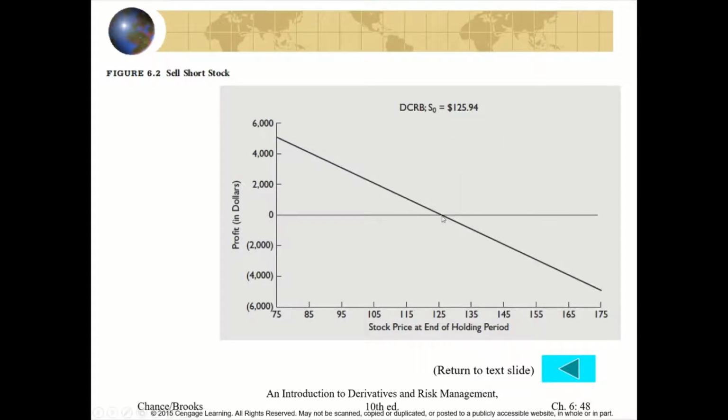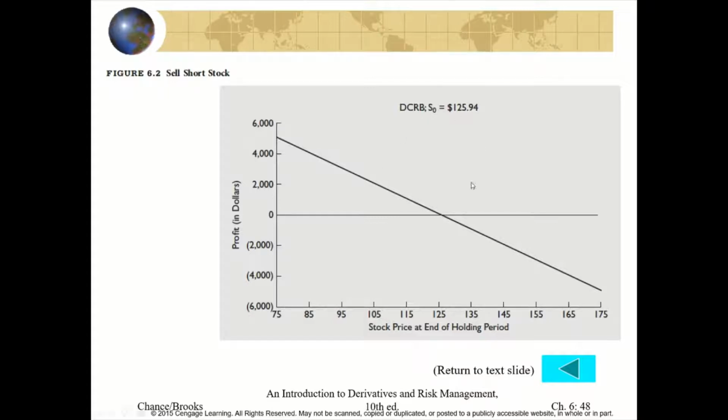You will make a profit basically if the price drops. Why? Because then you will buy the stock when the price goes down. For example, let's say the price went to 95. So you will buy the stock, return it to the party who lent it to you, and keep the profit in your pocket.